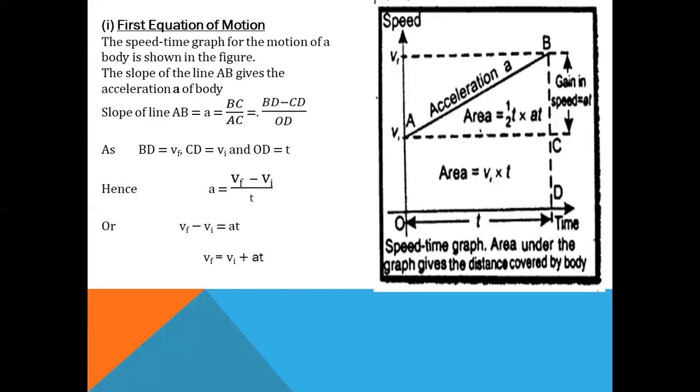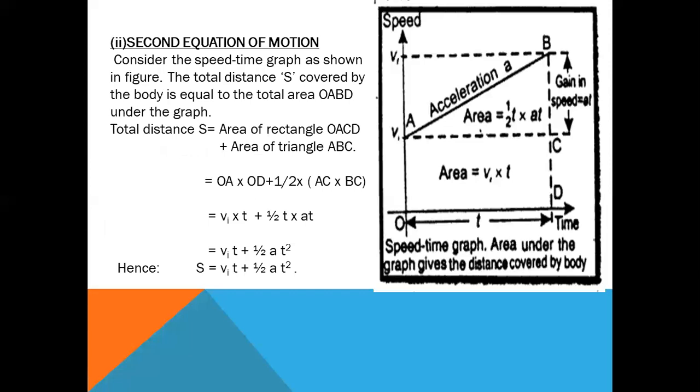Multiplying t on both sides, we get Vf minus Vi is equal to at, and shifting Vi from left towards right side of the equation, we get Vf is equal to Vi plus at. This is the final form of first equation of motion.